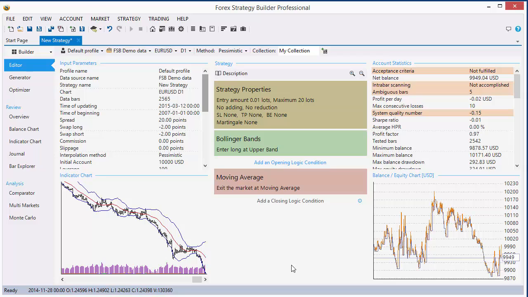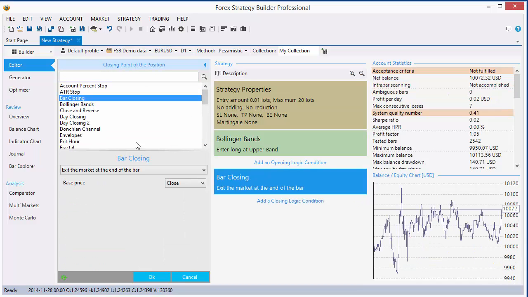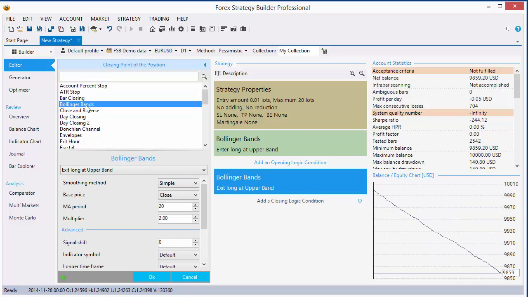So, as a summary for the closing point of the position, we set the exit price here, for example bar closing. This is the price at which we close positions. This indicator determines only one exit price, and we are closing both short and long positions. But some indicators can determine two prices, for exit long and for exit short.